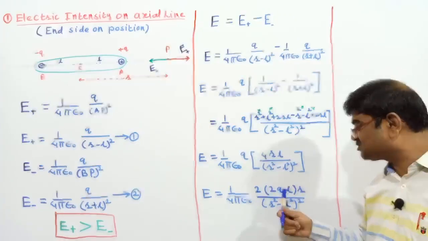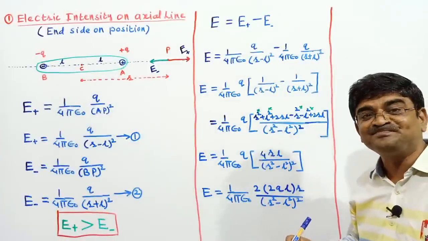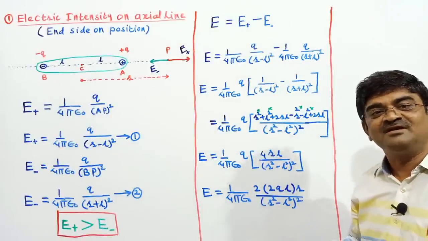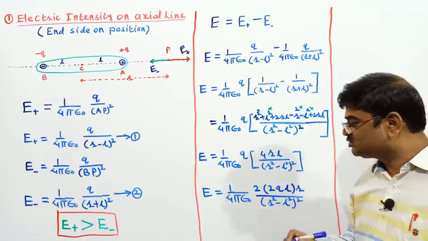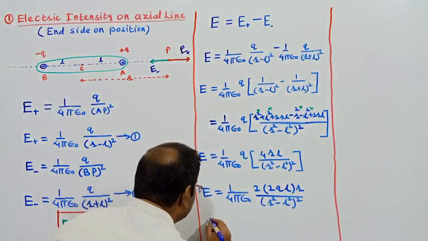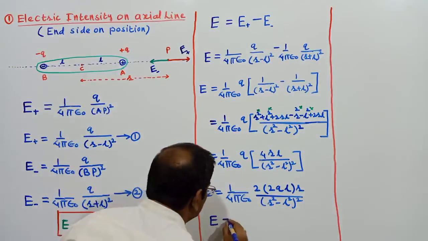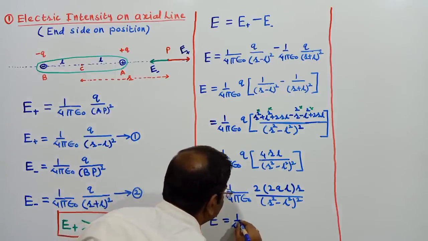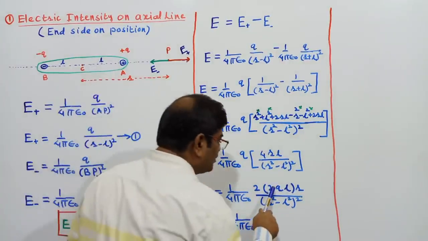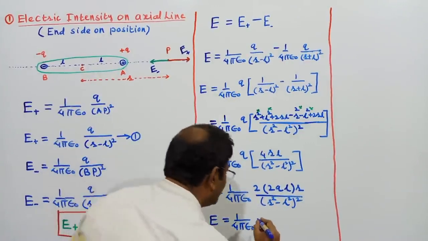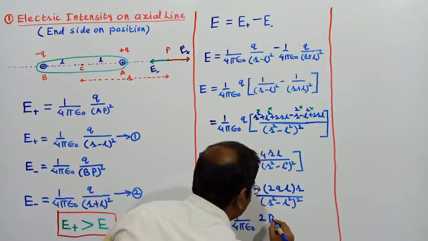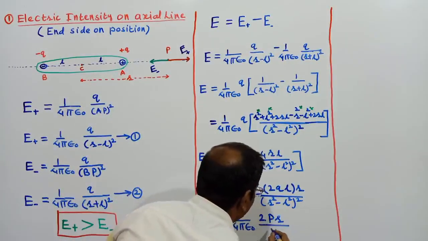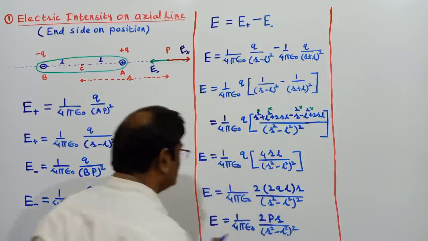So I can substitute for this 2ql as a capital P. Dipole moment, capital P. So I get then electric intensity E equals 1 upon 4 pi epsilon 0, 2p r divided by r square minus l square whole square.